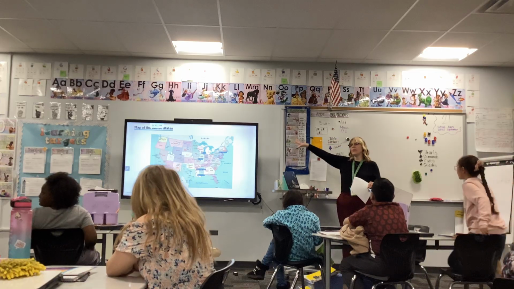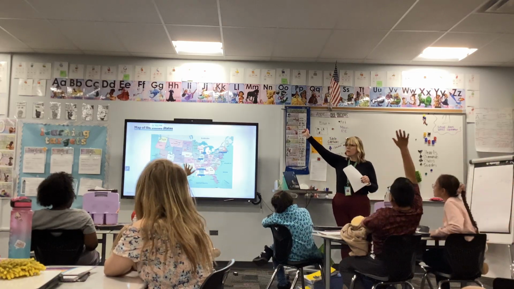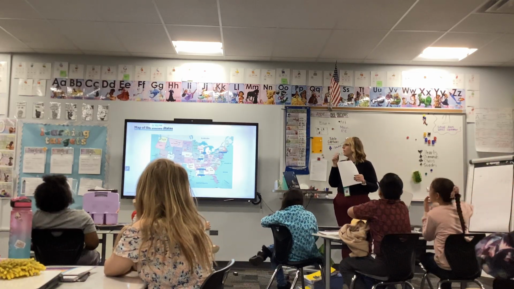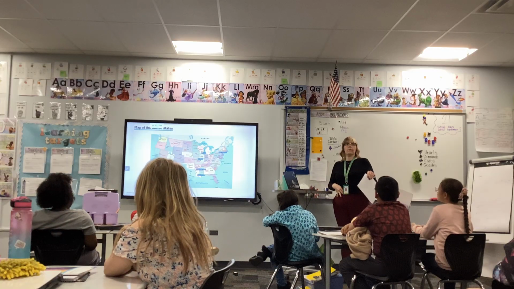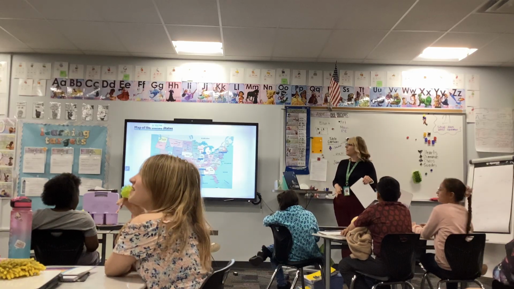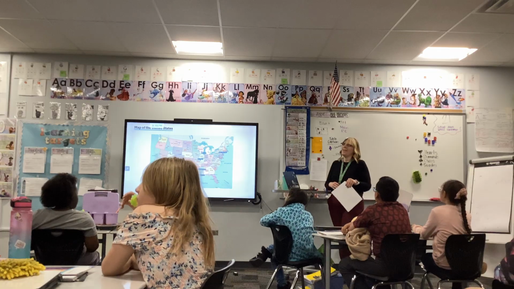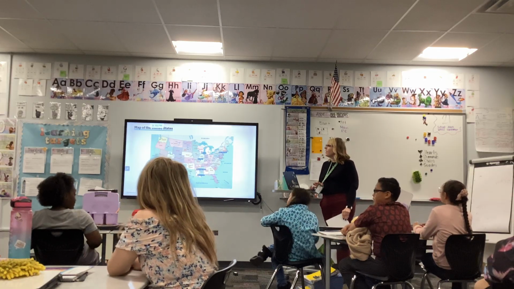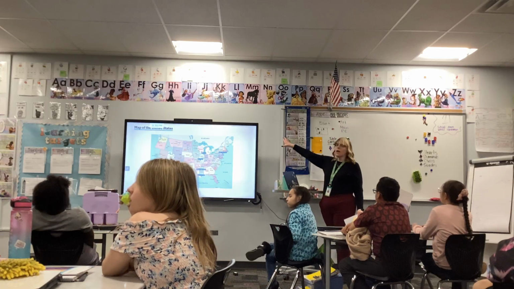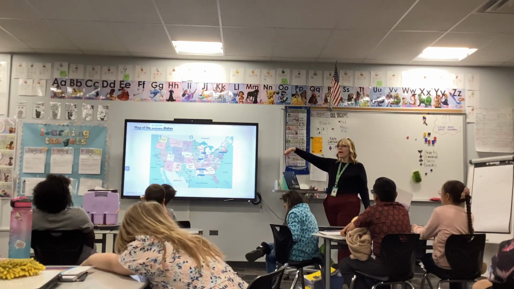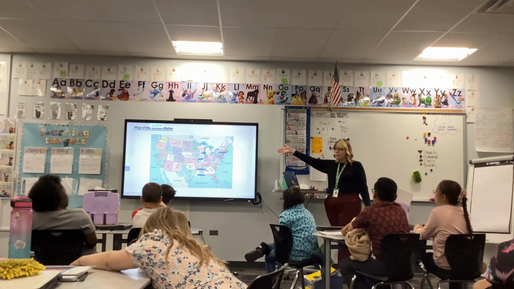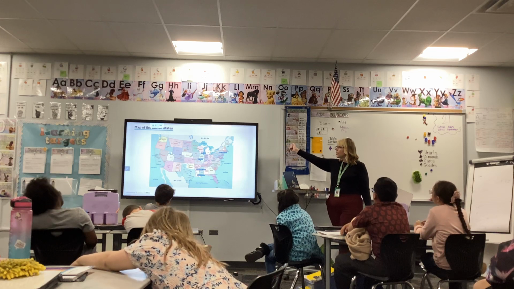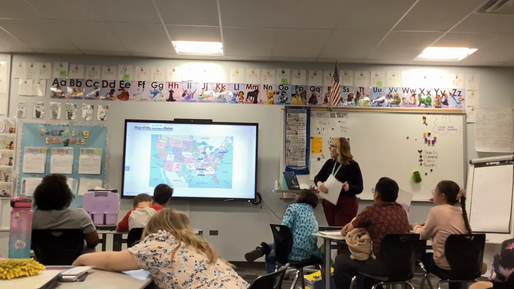Okay, what other major cities can we see on our map here? Just shout them out. New York, Mississippi River. The blue cities are cities that famous jazz musicians have come from. So we see New York City, Chicago, St. Louis, and New Orleans.